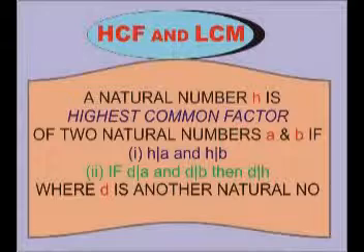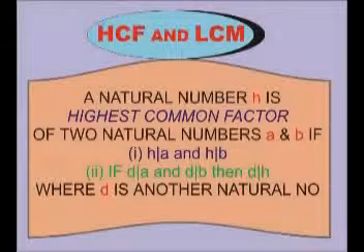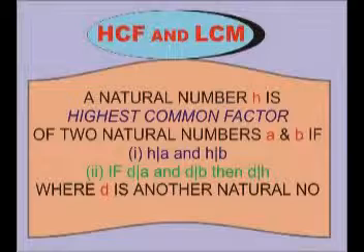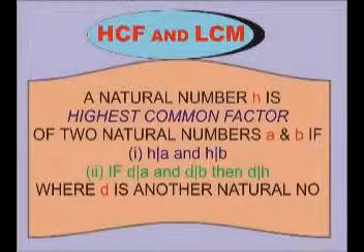HCF and LCM. A natural number h is said to be the highest common factor, HCF, of two natural numbers a and b if h divides a and h divides b, and if d divides a and d divides b, then d divides h, where d is another natural number.